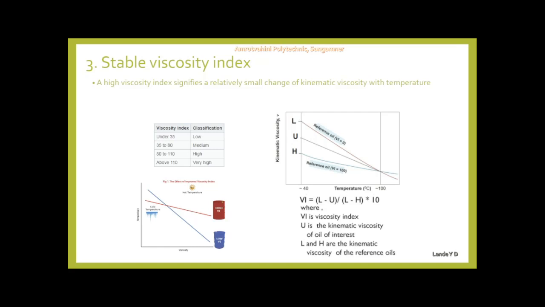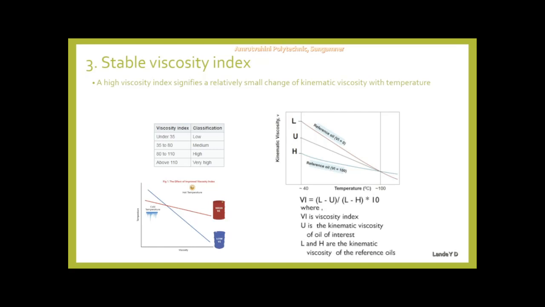Several factors, such as the chemical composition and additives used in the oil, can influence its stable viscosity index. The formula for calculating stable viscosity index is based on the kinematic viscosity of the oil at two different temperatures, typically 40 degrees Celsius and 100 degrees Celsius.